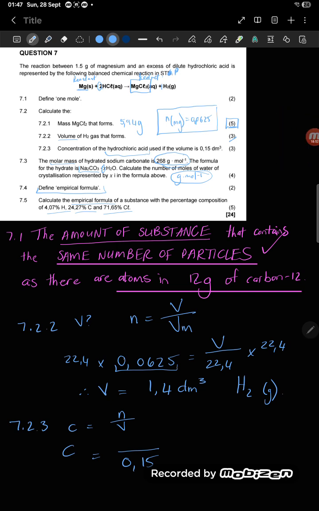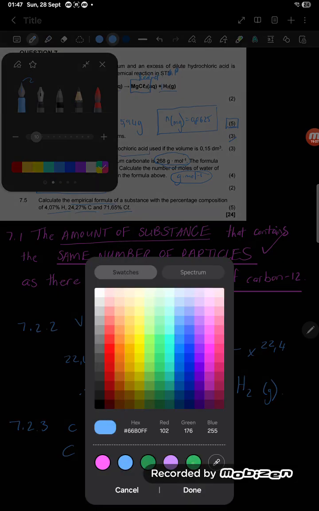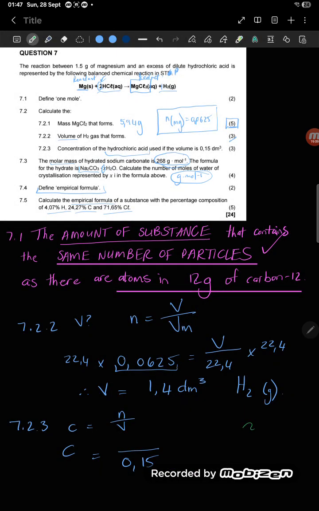Okay, so hydrochloric acid, can you see that its coefficient is 2? So hydrochloric acid to H2, we've already established that we got 0.065. So say for instance I got H2, and let's put hydrochloric acid afterwards, even Mg.